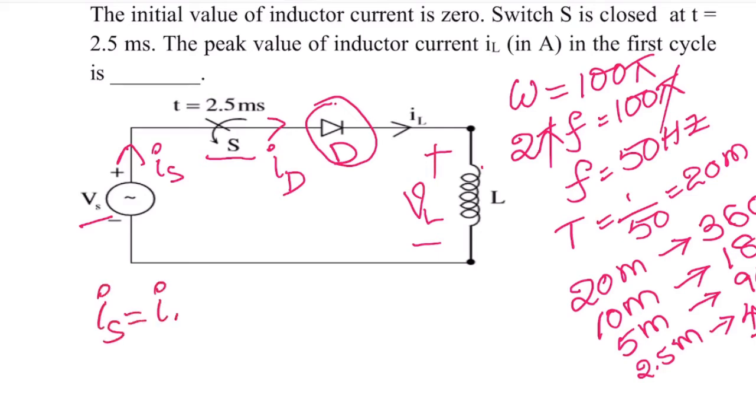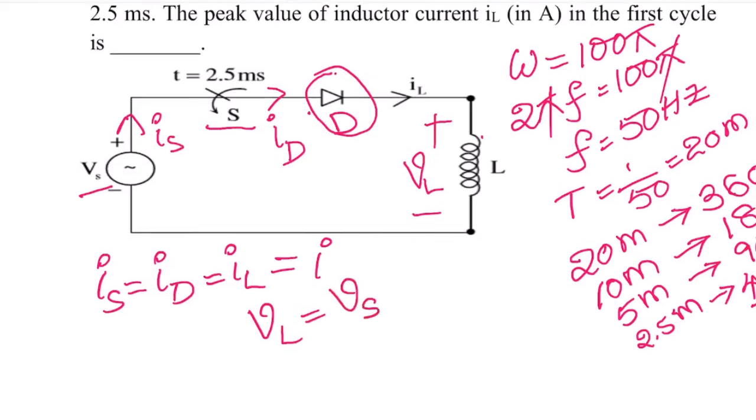So IS is equal to ID is equal to IL. Too many variables are confusing for me, that is why I am indicating a simple term called I. Now, whenever the diode starts conducting, then VL is equal to Vs.